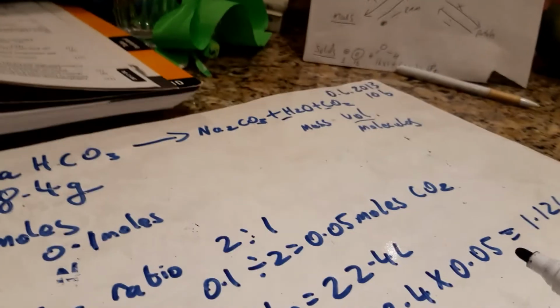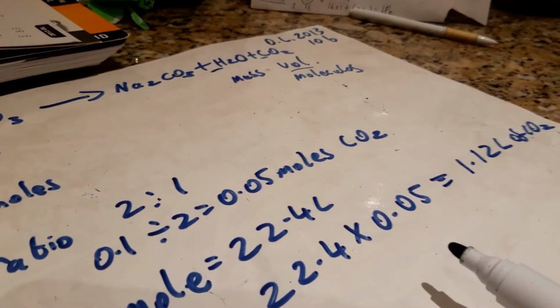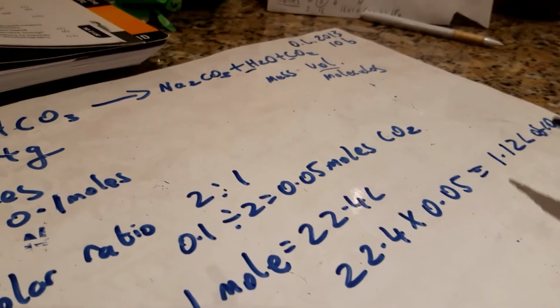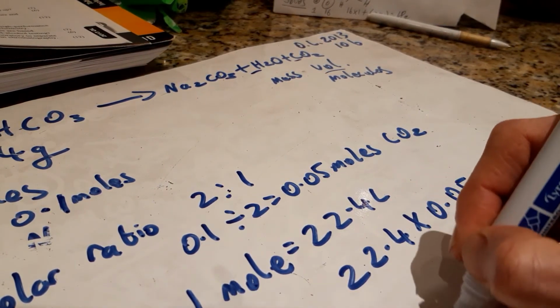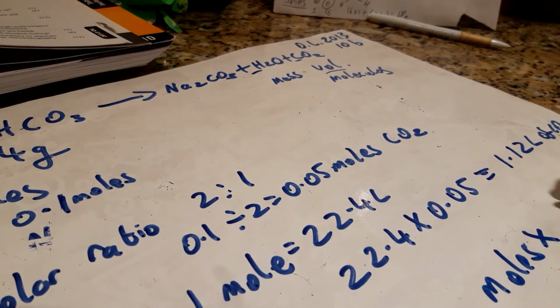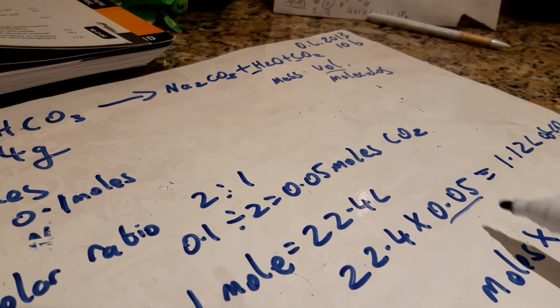The last step is how many molecules of carbon dioxide are produced. Again, we're asked for the amount of particles this time. When it comes to molecules, we multiply the moles by our magic molar number, 6 by 10 to the 23. The amount of moles of carbon dioxide we worked out from the molar ratio is 0.05.